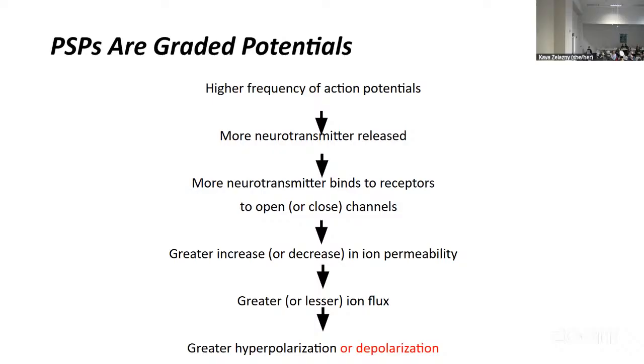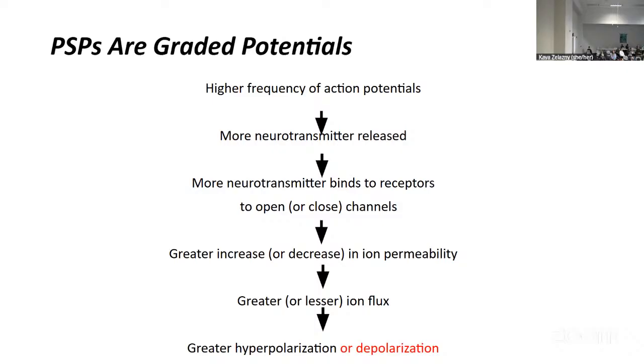So all of our types of postsynaptic potential, PSPs, either excitatory or inhibitory, are graded potentials. The way they're happening is because we have action potentials in our presynaptic neuron coming on down to our axon terminal, firing off at that synapse, releasing neurotransmitter, right? And we're going to have that neurotransmitter binding to a receptor.